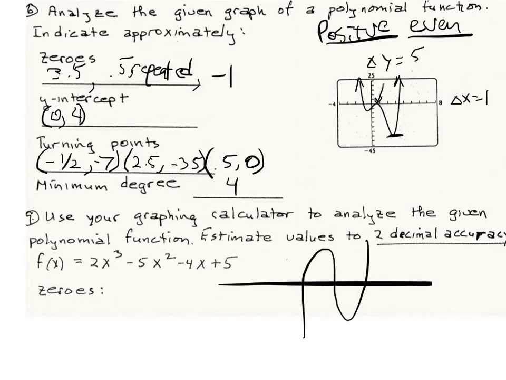This 0 that I'm looking at here looks to be about -1. So I want to make sure when I say left bound that the x value I have as I'm pressing to the left is left of -1. Right now it reads -1.27, which is left, so my cursor is right around here. And I hit enter. When I go right bound, my cursor ends up being up here somewhere.